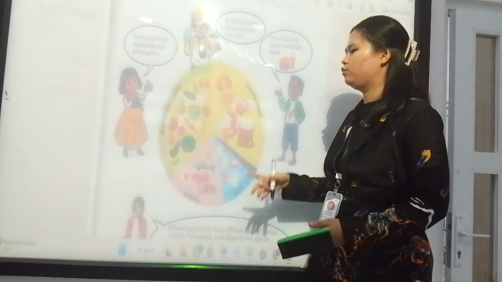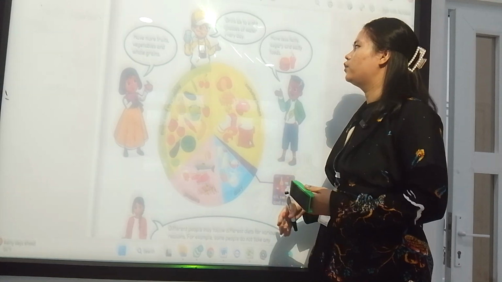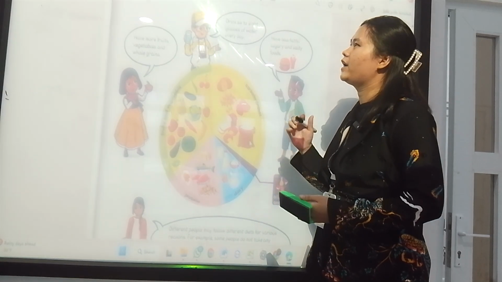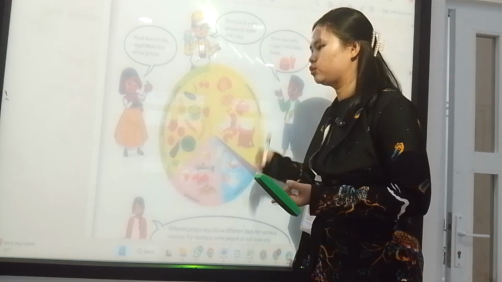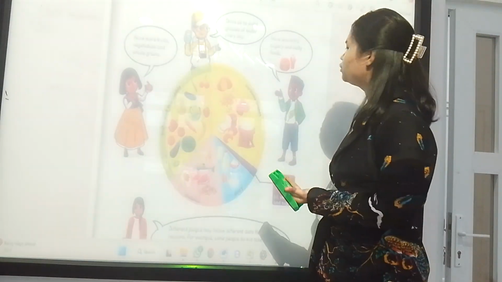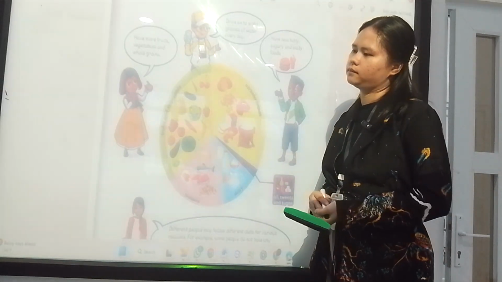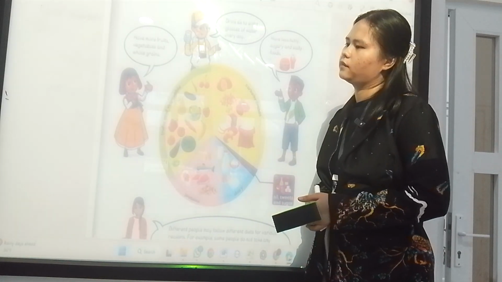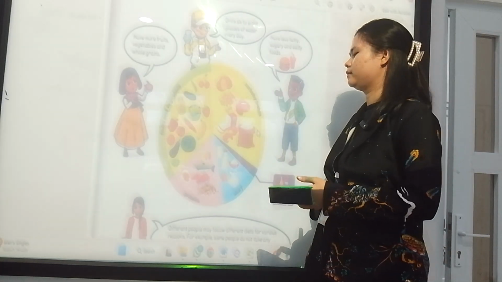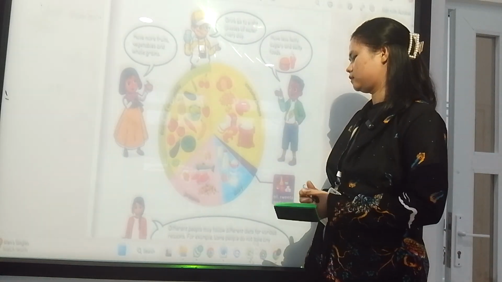The carbohydrate will make you full and give you energy to do more activity than the protein. So it means carbohydrate is the main source of energy, right? Yes. Okay, now we can move to the summary point.